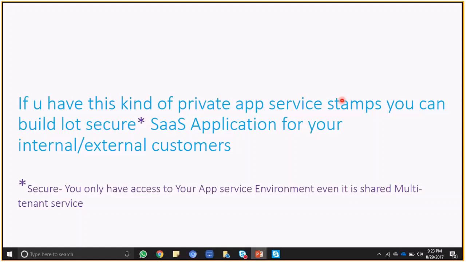That is a very great performance for the SaaS applications which you're going to develop for your internal or external customers. There would be very little downtime, even for testers or developers who are testing it. It can save a lot of time.